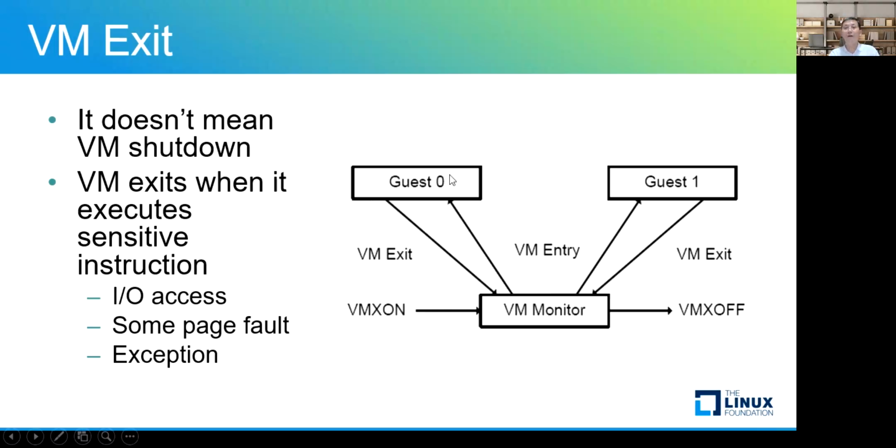It enters the VM, and if it meets a special instruction, also called a sensitive instruction, it will exit to the hypervisor. The hypervisor will solve the issue, and after that, it will let the CPU enter the VM again. That's the loop. So here, VM exit doesn't mean VM shut down. It means the VM CPU exits from the VM for some reason.